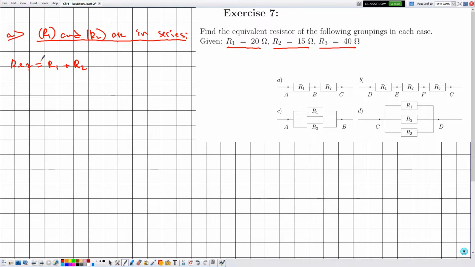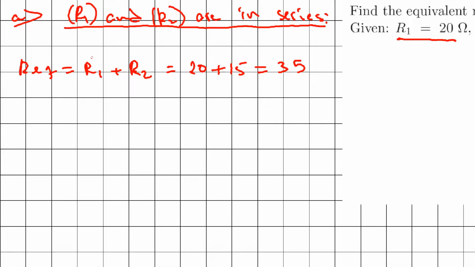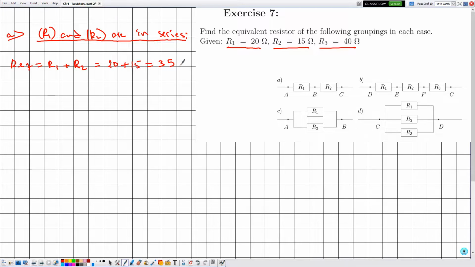Notice that this formula is not dictated by any law, so no need to mention any law. The value of R1 is given by 20, the value of R2 is given by 15. Plugging this on the calculator, then R equivalent is given by 35. Since R1 and R2 are expressed in ohms, so the value of R equivalent will be expressed in ohms. So R equivalent is equal to 35 ohms.